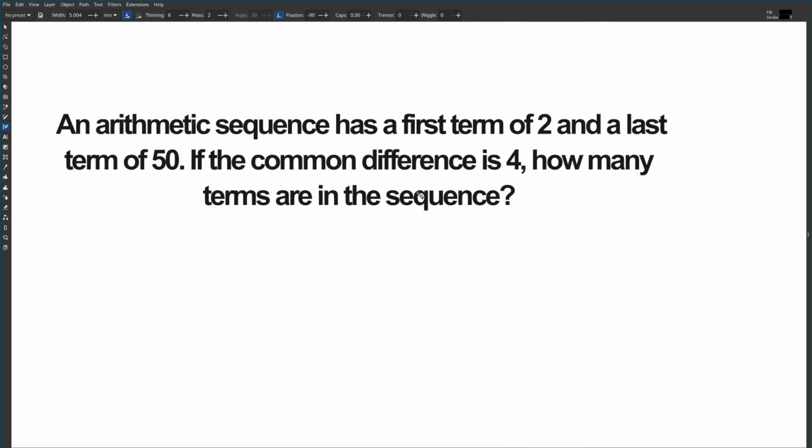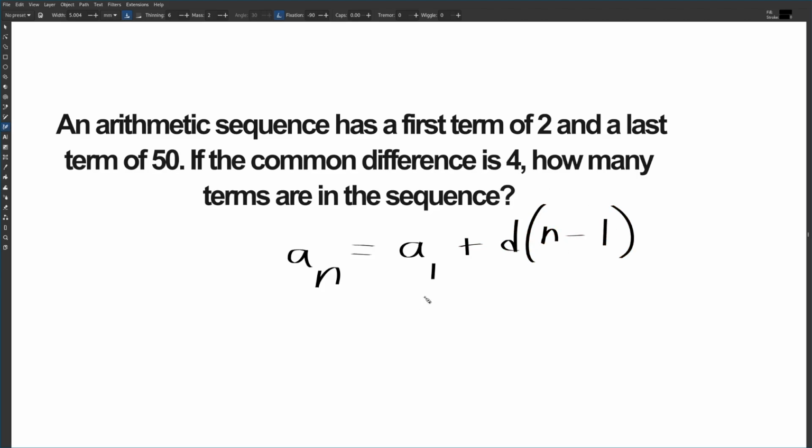An arithmetic sequence has a first term of 2 and a last term of 50. If the common difference is 4, how many terms are in the sequence? This is what I would do. Let's refer to our formula. a of n is equal to the first term plus d times n minus 1.